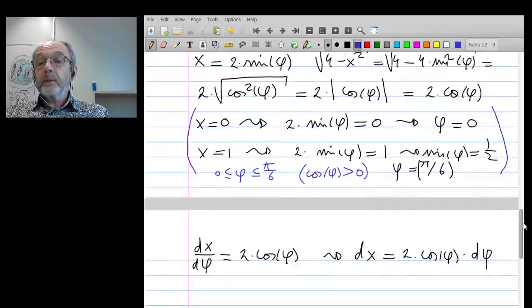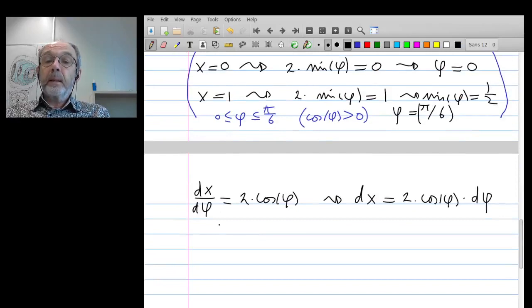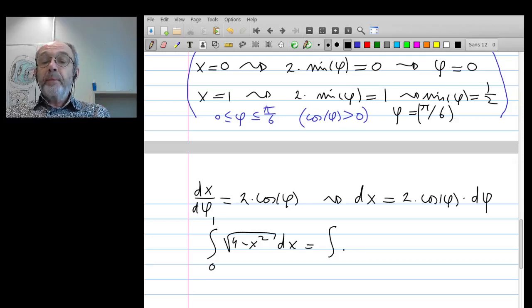And now let's see. I will write that integral again. If x is 0, the lower boundary, then phi becomes 0. If x is 1, the upper boundary, then phi becomes pi divided by 6.